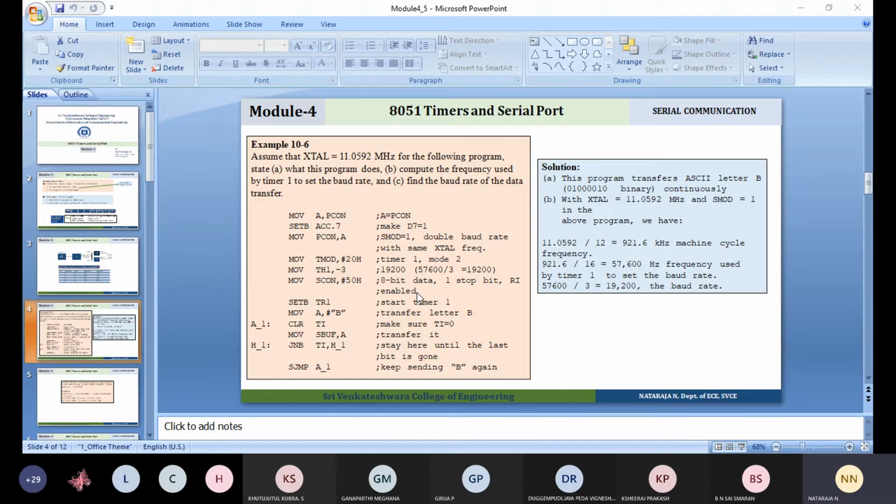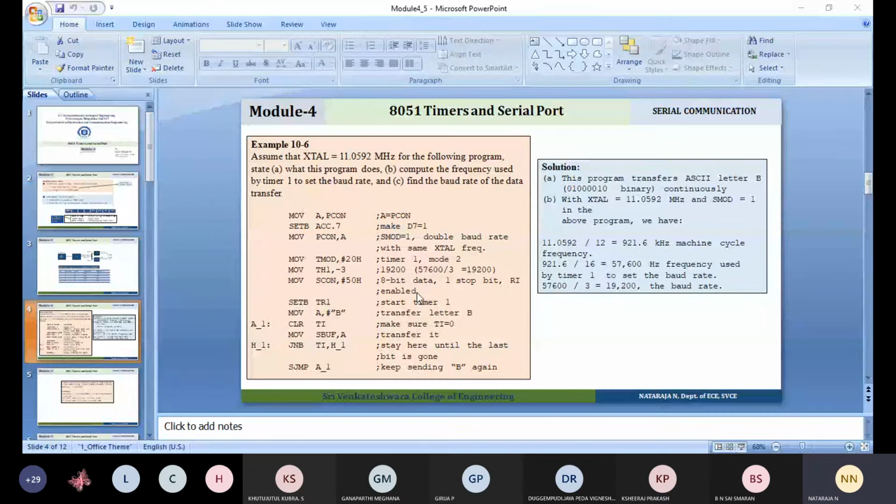Take one more problem. If the crystal frequency is 22 megahertz, what will be the baud rate if TH1 is equal to -3, and the second one TH1 is equal to -12, with SMOD is equal to 0 and 1.